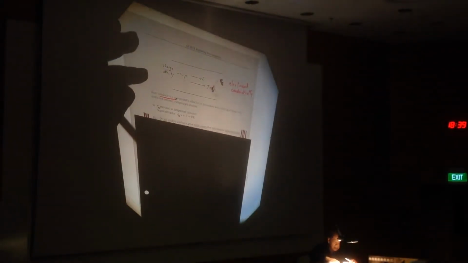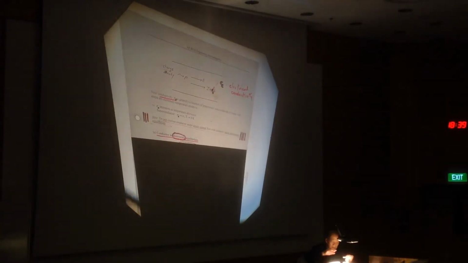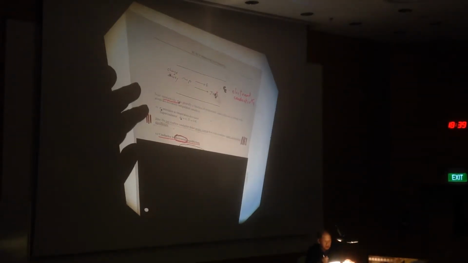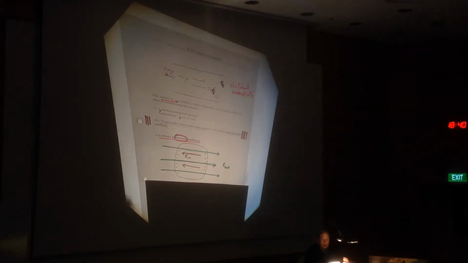We're going to see something very important because people normally get confused. Do not confuse the conductor with steady current flow with the conductor in electrostatic equilibrium. Let's see the first picture first. I've shown it before. I have an external electric field here, constant, and I put a conductor in it.